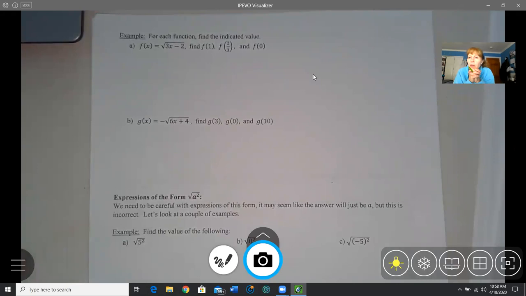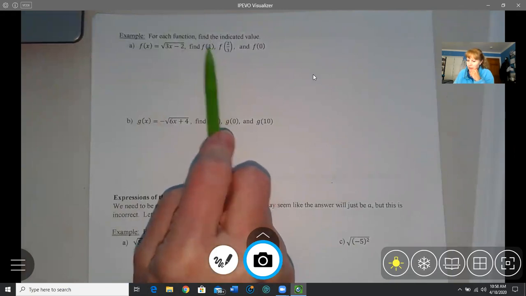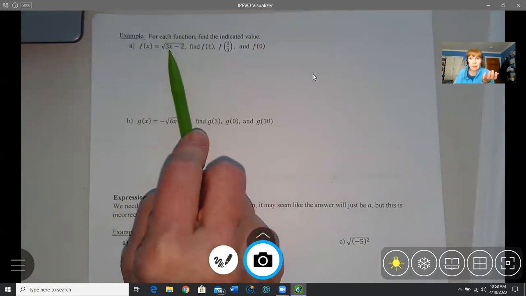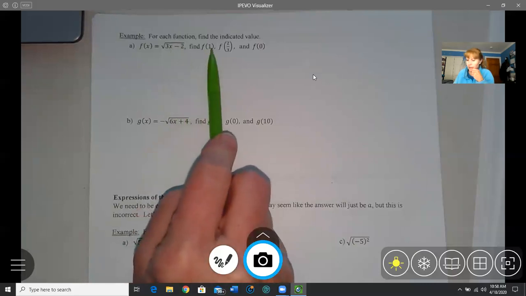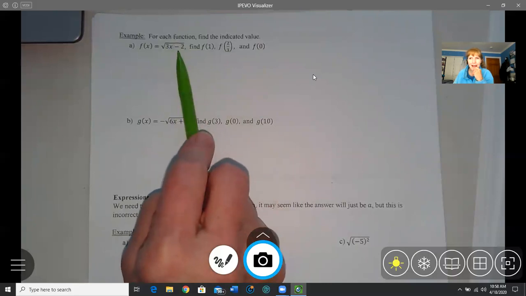First off, all they want you to do, and we've been doing this since the end of chapter 5 and some in chapter 3, is whenever this is read f of 1, you put 1 in for the x and see what it is equal to. So we're putting these into the radicand, what's underneath our radical.